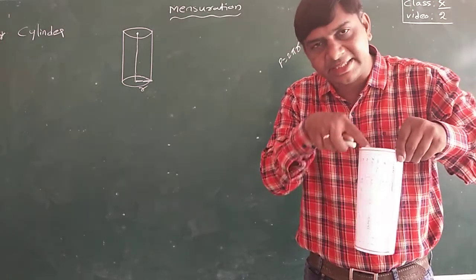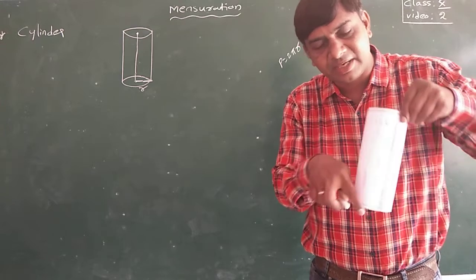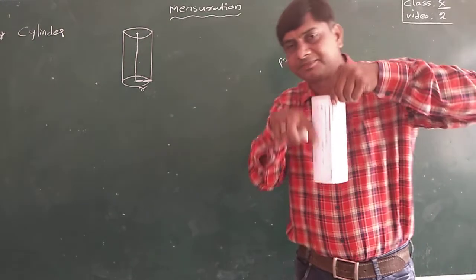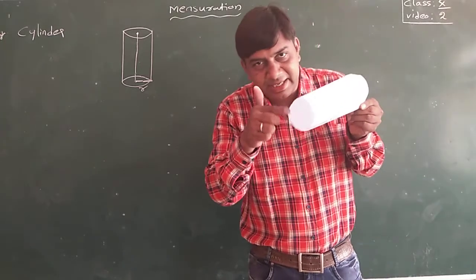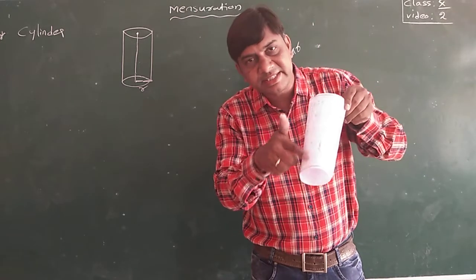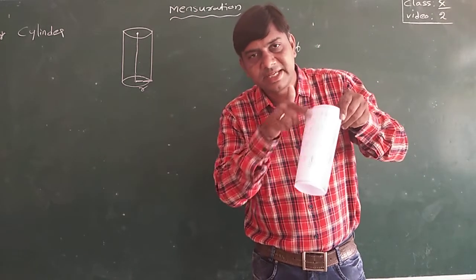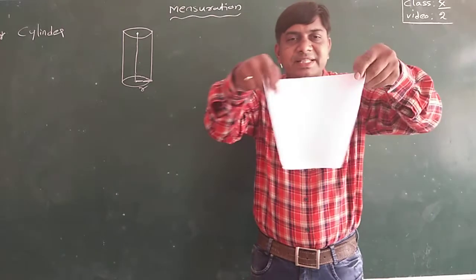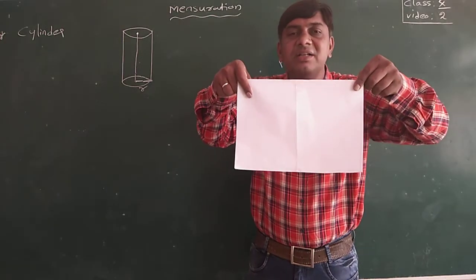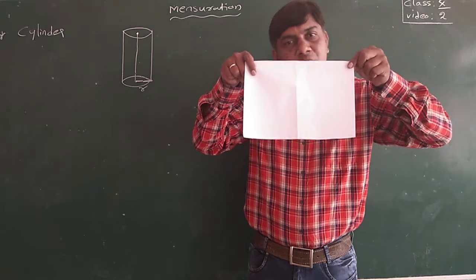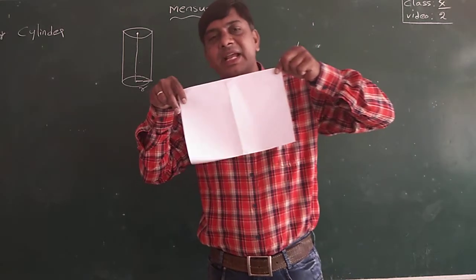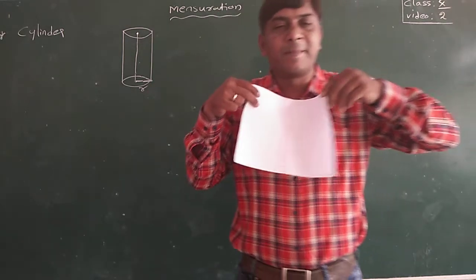And this is the height of the cylinder. When you open this cylinder, I got a rectangular shape. Now I know how to find the area of the rectangle, length into breadth.